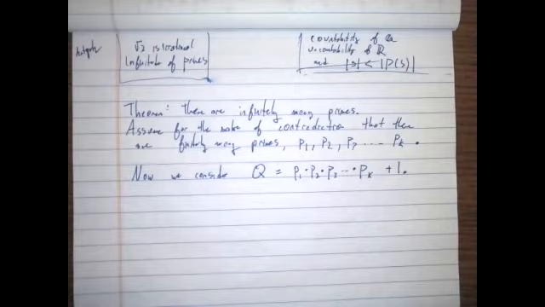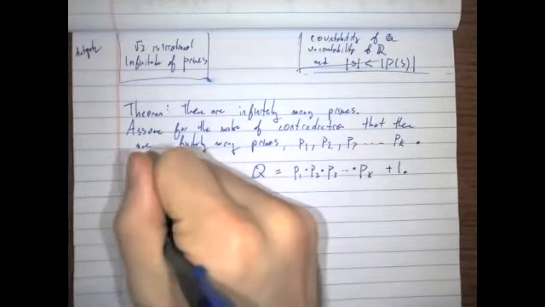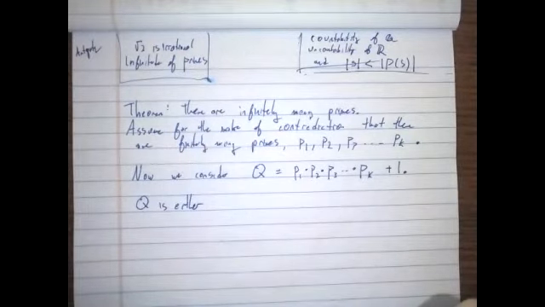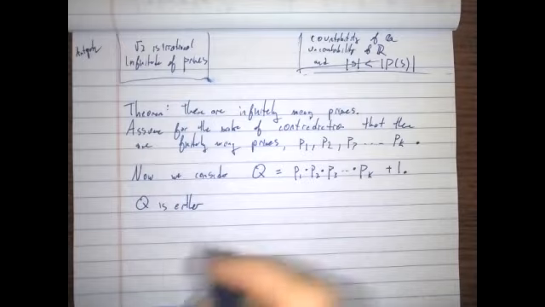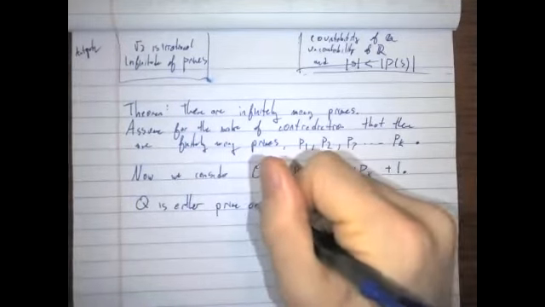I have assumed there are finitely many primes. I've multiplied all my primes together and I've added 1. Okay, there are two options for Q, right? So Q is either what or what? Indeed, why did I add 1? We shall see. Q is either prime or composite.